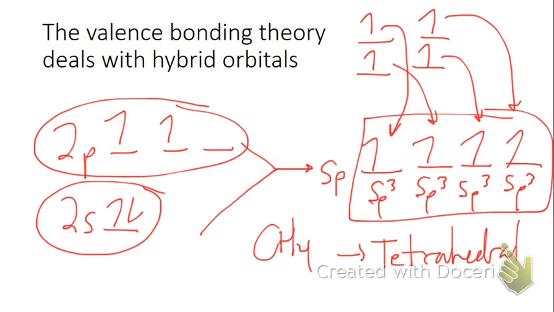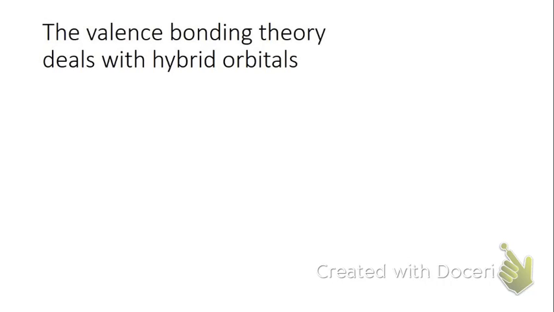So, let's see if we can make a hybridization that's not complete between the s and the p. Let's look at carbon again. Carbon is 2s, 2p. Actually, I won't fill in the electrons this time.